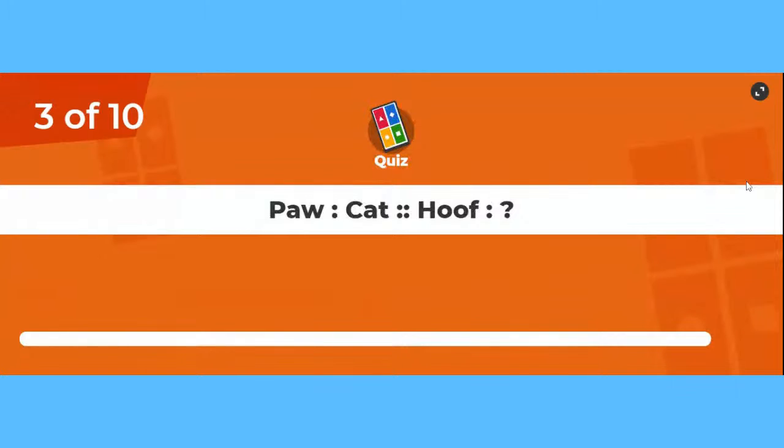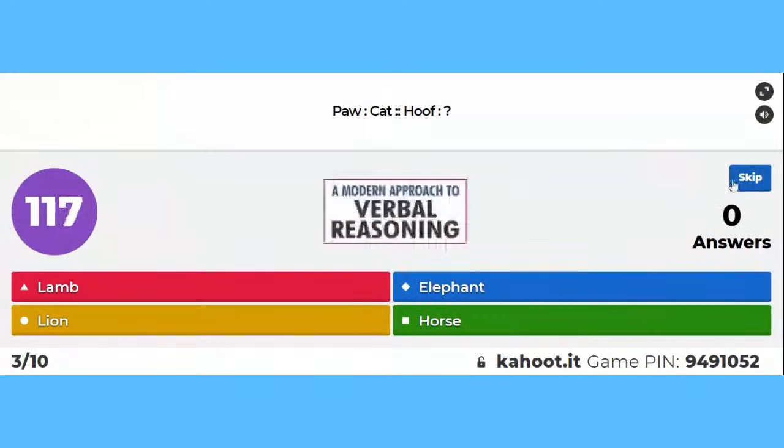Paw is to cat as hoof is to. Let me give you a hint. As a cat has a paw, similarly, what does a horse have?